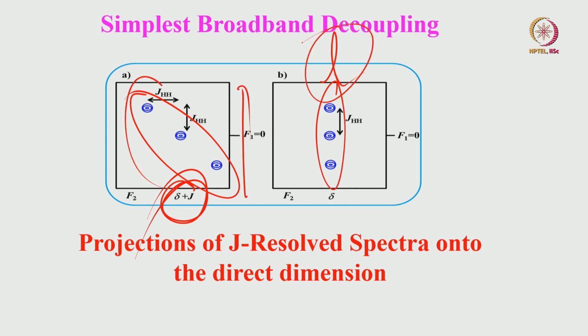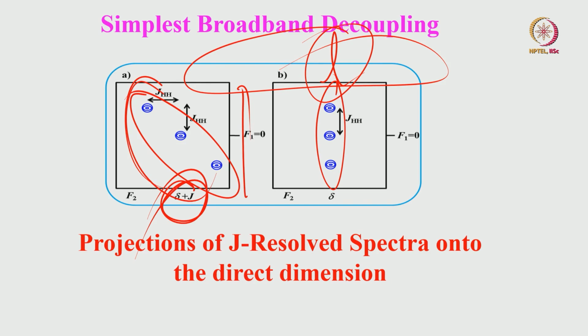Remember we discussed this when we discussed the J resolved experiment. So the projection of the 45 degree tilted J resolved spectrum is nothing but the broadband decoupled proton spectrum. That is one way. I can call it a pure shift spectrum because there is no J coupling information. So you can have n number of peaks, n number of couplings, do the J resolved, take the projection. This is what is called a pure shift spectrum.